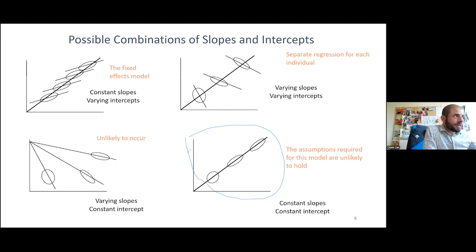So this is the classical case where we have constant slope and constant intercept.